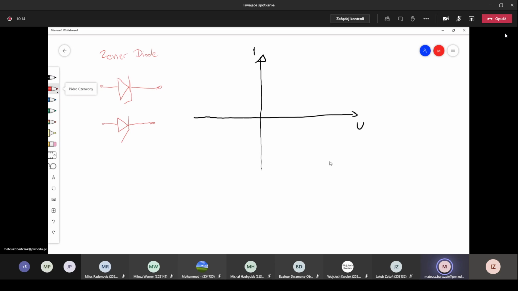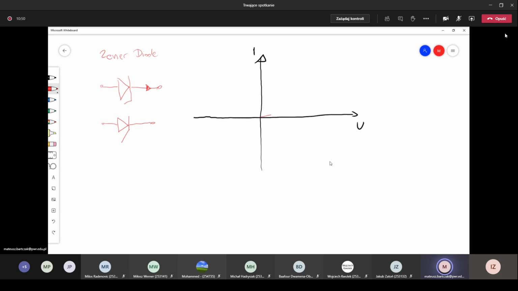Okay. So in the forward configuration, I mean when the current flows in this direction, it is behaving like a rectifier diode. So there is no difference in the forward configuration.